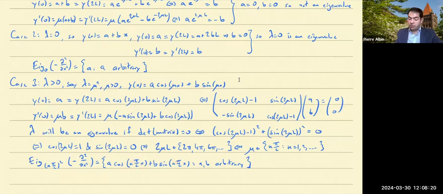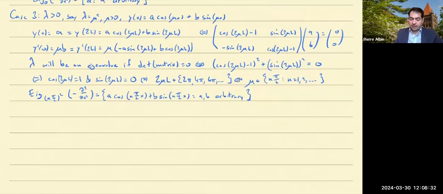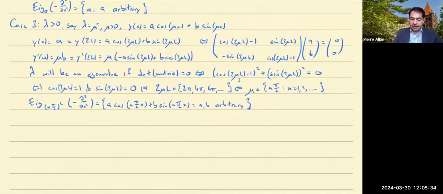Just because we like to have this look exactly the same as it did in the sine and cosine series, we chose to use the interval 0 to L. Okay. Very good. So now that we've found all of the eigenvalues and eigenfunctions, let's keep going.